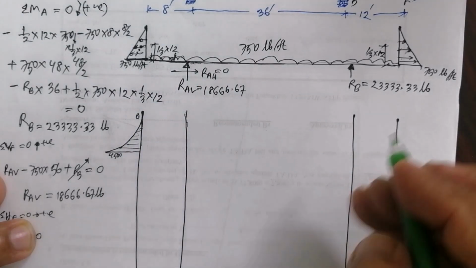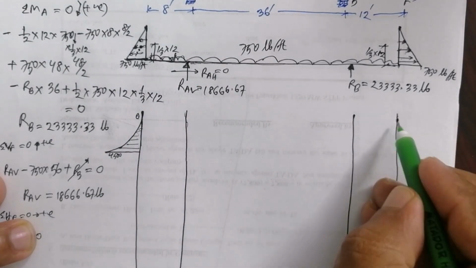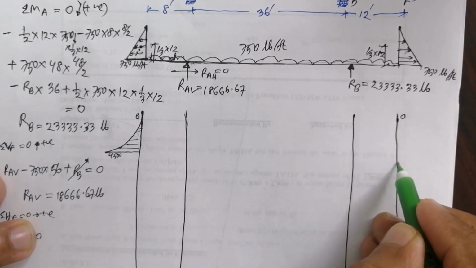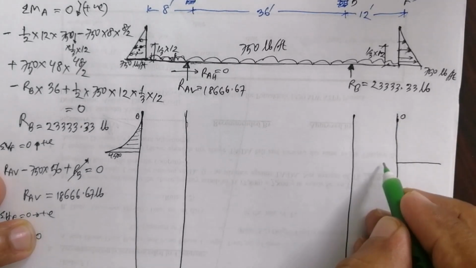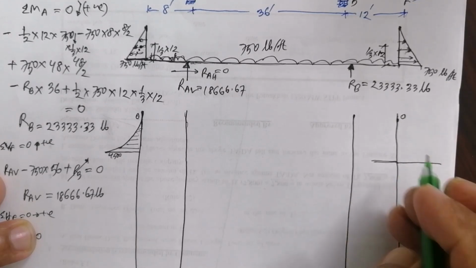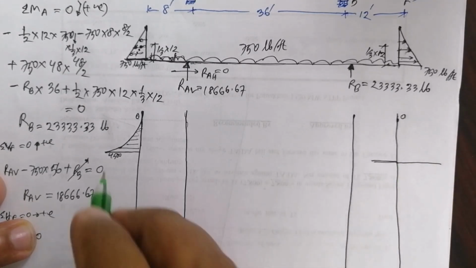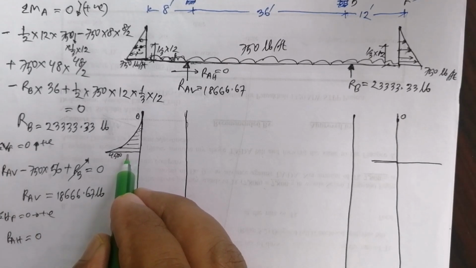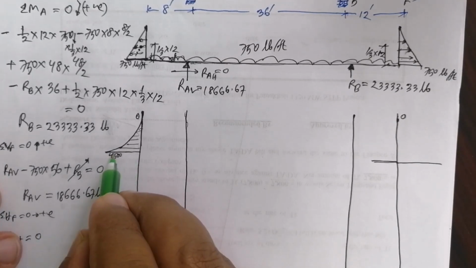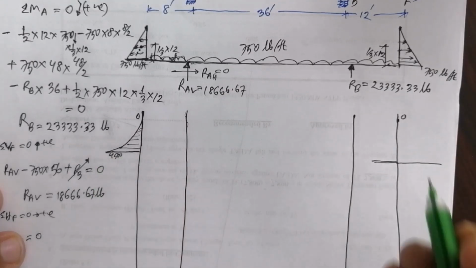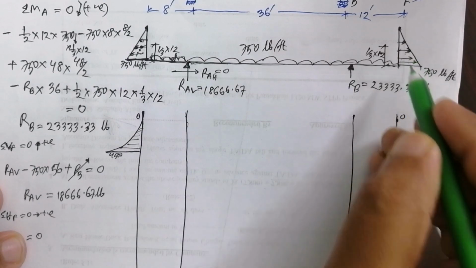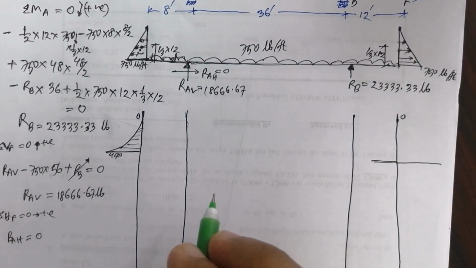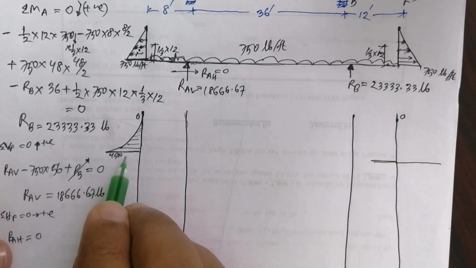And for this side also, this is 0 and this is here. So this is the force here, this force acting in this direction, and this force acting in this direction, and this force acting in this direction.